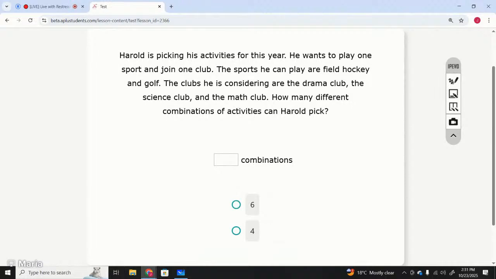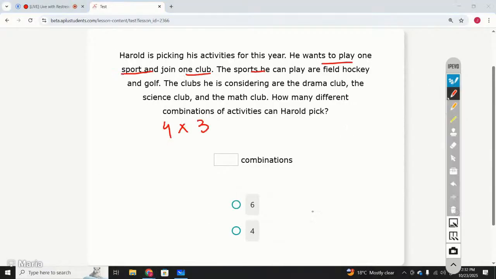Harold is picking his activities for this year. He wants to play one sport and join one club. The sports he can play are field hockey and golf. So two choices for the sports. The clubs he is considering are the drama club, the science club, and the math club, and three choices for the clubs.